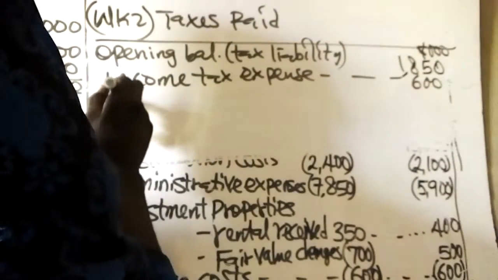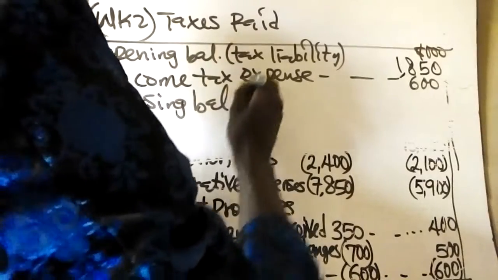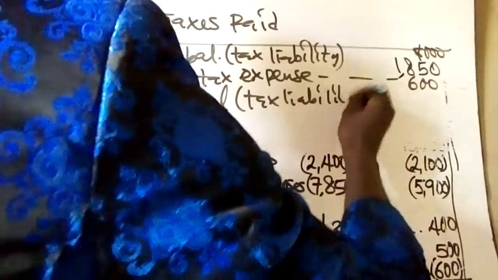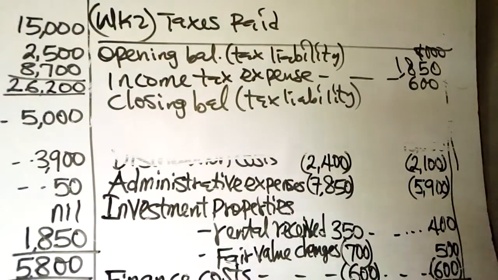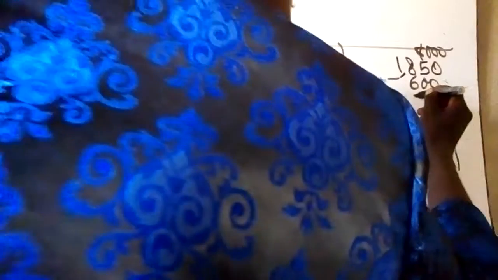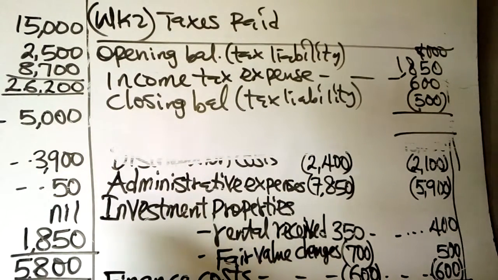Then you have closing balance, that is your tax liability under current liability, the one in the closing statement of financial position, and that is given to be 500. So you have this 1,050 plus 600 minus 500.